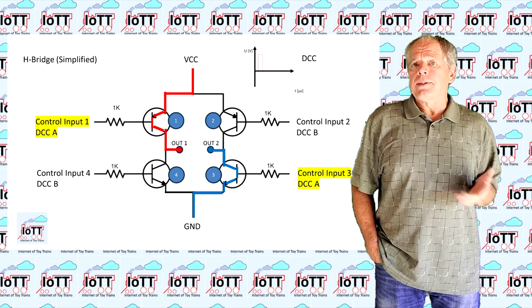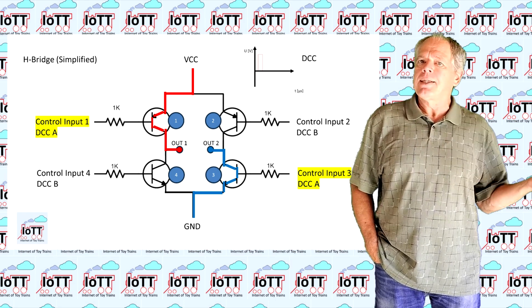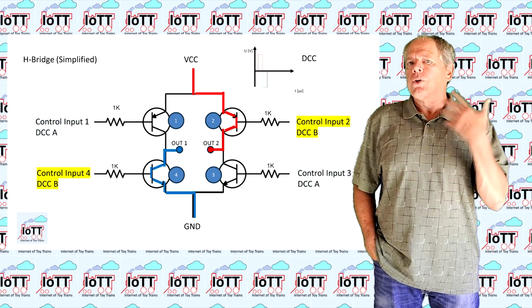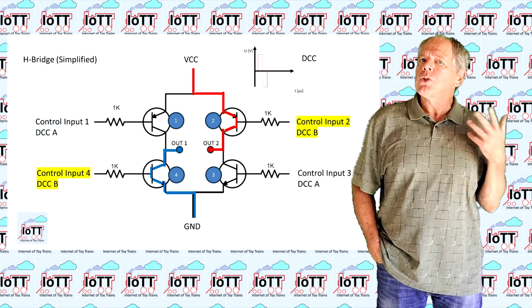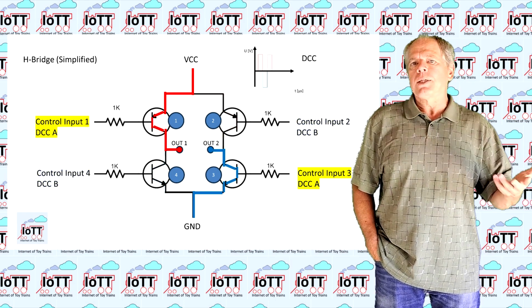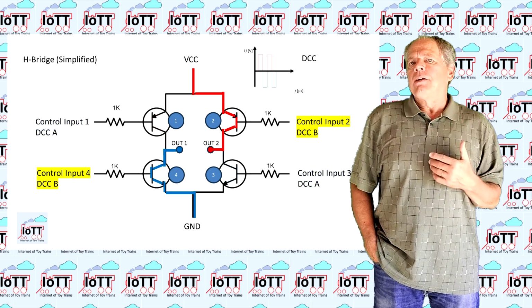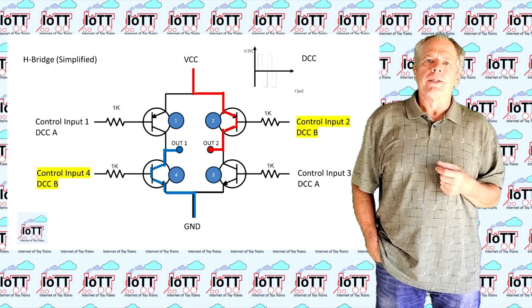So for a 1-bit, transistor 1 and 3 are turned on for 58 microseconds, then transistors 2 and 4 are turned on for the same amount of time to create the second half of the bit. Then the process starts again for the next bit. So the output is essentially an AC with a rectangular waveform.